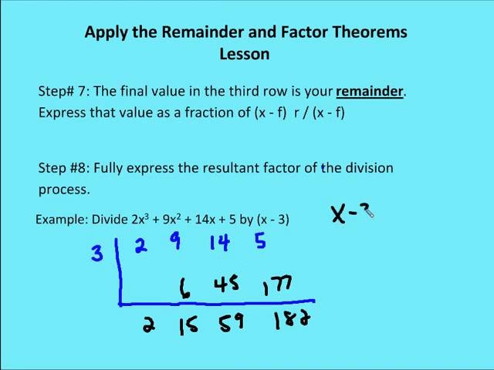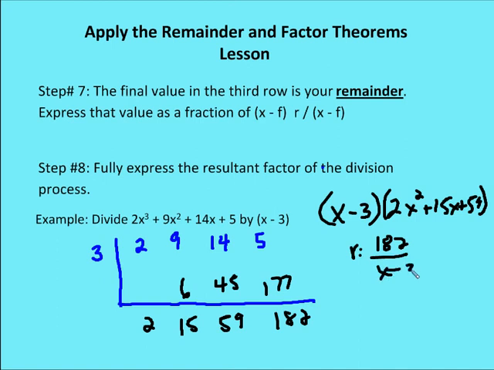My finished product is x minus 3 as my divisor, 2x squared plus 15x plus 59 as my quotient, with a remainder of 182 over x minus 3.